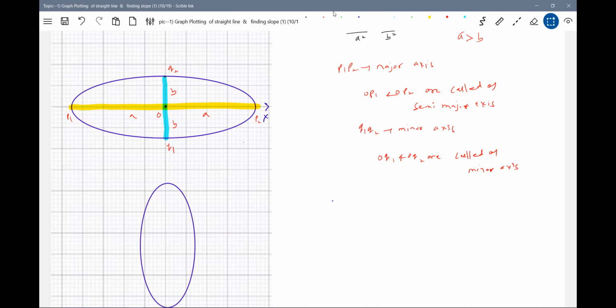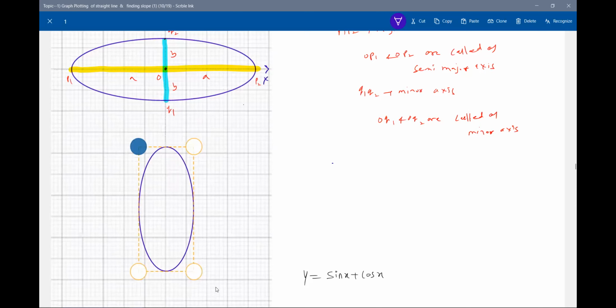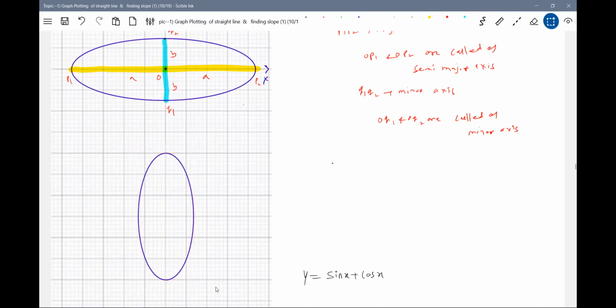First, let me locate it symmetrically. Now we'll bring the x and y axis. This is the x axis, this is the y axis. What is the difference between these two? This will become the minor axis. This will become the major axis.